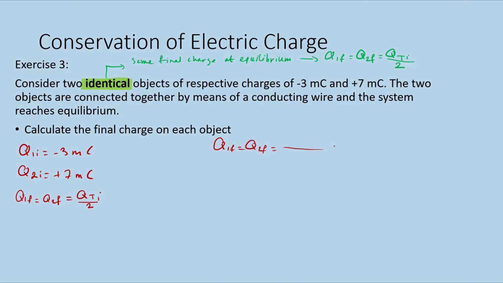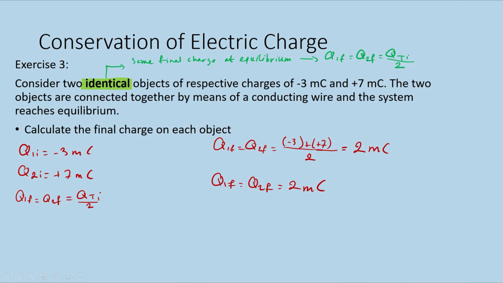So instead of Q total initial, we will replace negative 3 plus positive 7. So Q total initial is the sum of the initial charges over 2, minus 3 plus 7 results in 4 over 2. It results in 2 millicoulombs. So Q1 final is equal to Q2 final is equal to 2 millicoulombs.